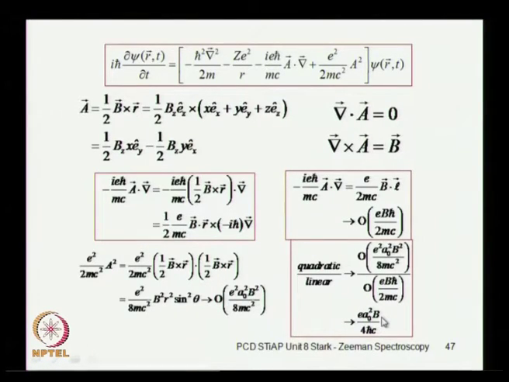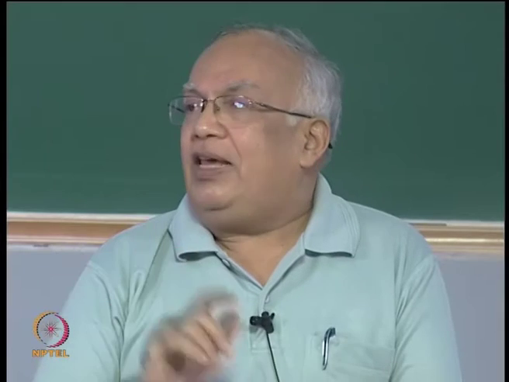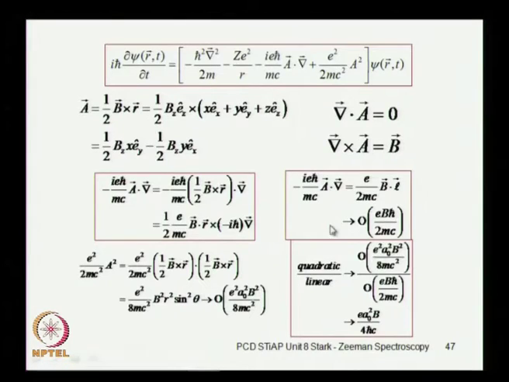This is the consideration that I had hinted at: when you talk about strong fields, you have to keep in mind what kind of magnitudes you are talking about, and you really need very strong fields to look at quadratic terms. Those are not the magnitudes that we are going to be concerned with in laboratory magnetic fields. So, this term can be ignored.